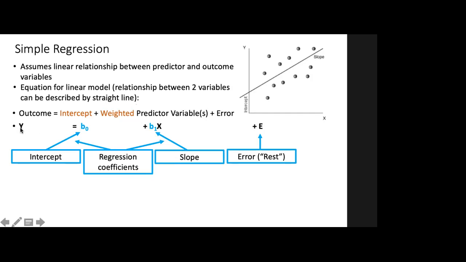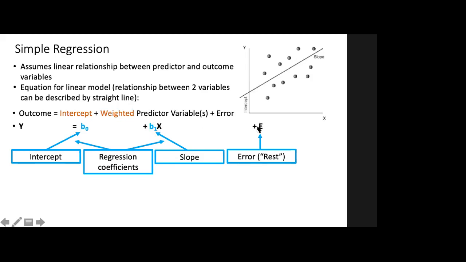In mathematical terms, that looks as follows: y equals b0, which you often know as an alpha or a or whatever. It's just a placeholder or some abstract label, right? This is called the intercept. This is called our slope, right?